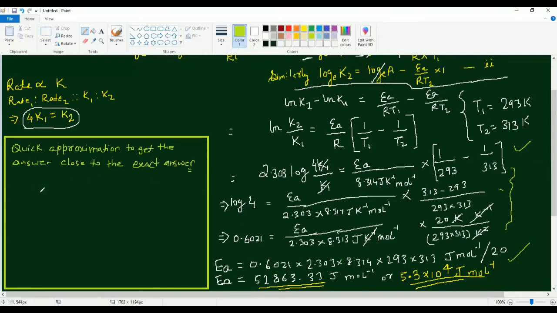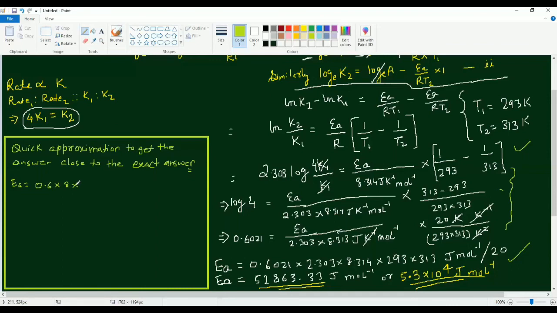So this value 0.6021 I can take as 0.6 only, multiplied by 8.314. .314 is not .5, so I can take it as 8 only.